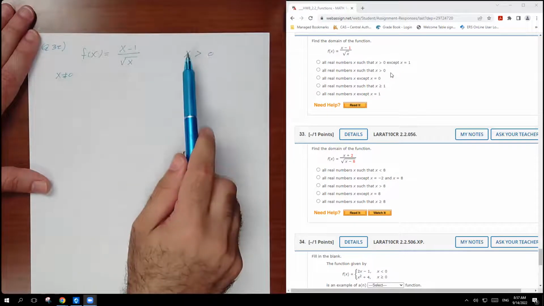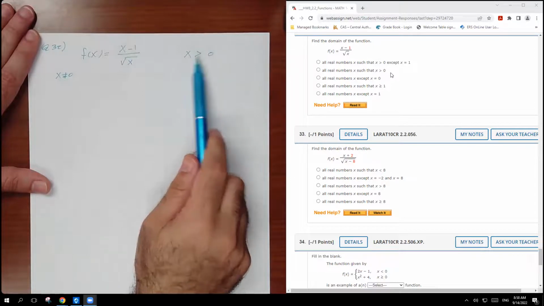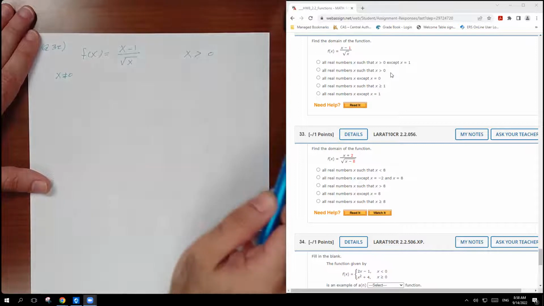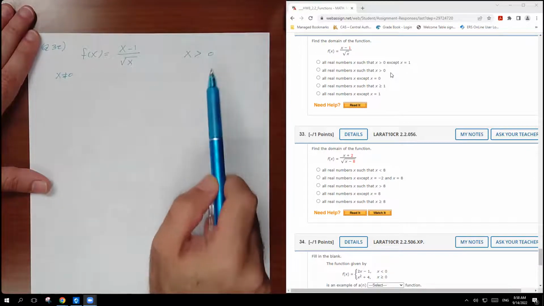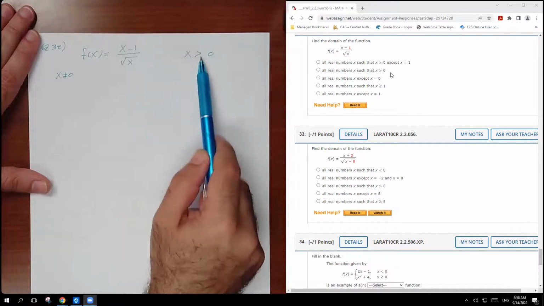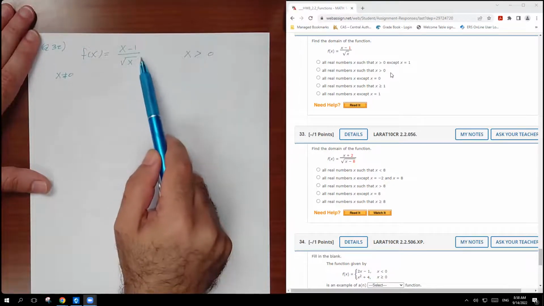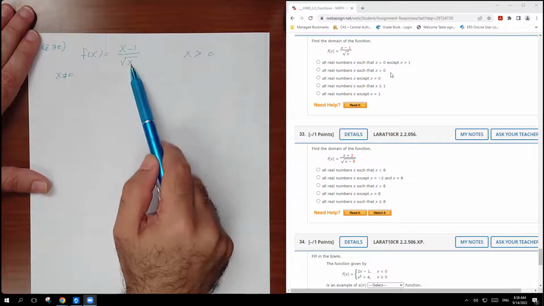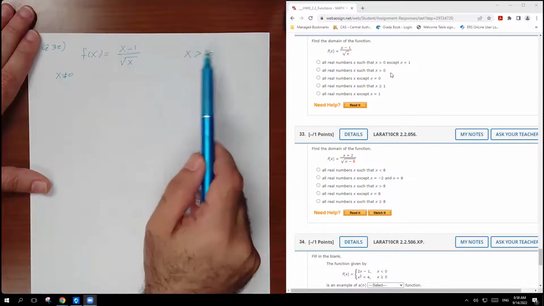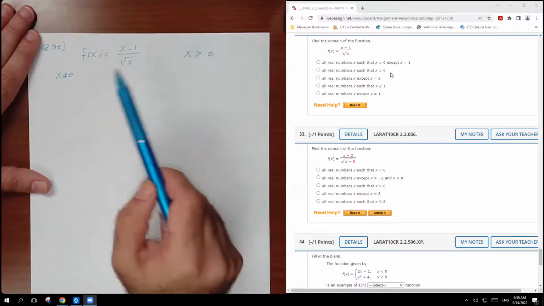That means I can choose all the numbers greater than 0, which is 1, 2, 3, 4, and keep going until the infinity. I can't choose the 0, because the square root of 0 is 0, and any number divided by 0 is going to be undefined. That's why the domain is going to be all the numbers greater than 0.